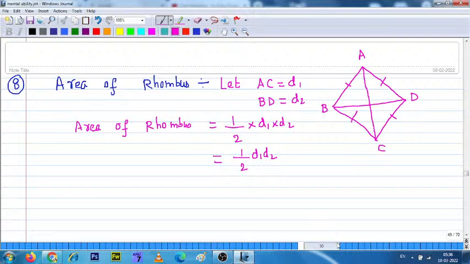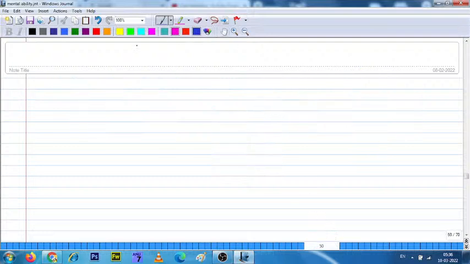So let us move to the ninth one, which is very important. Most of the concepts will be dealt with on this one only. The ninth concept, as you might have expected, is the area of a square.